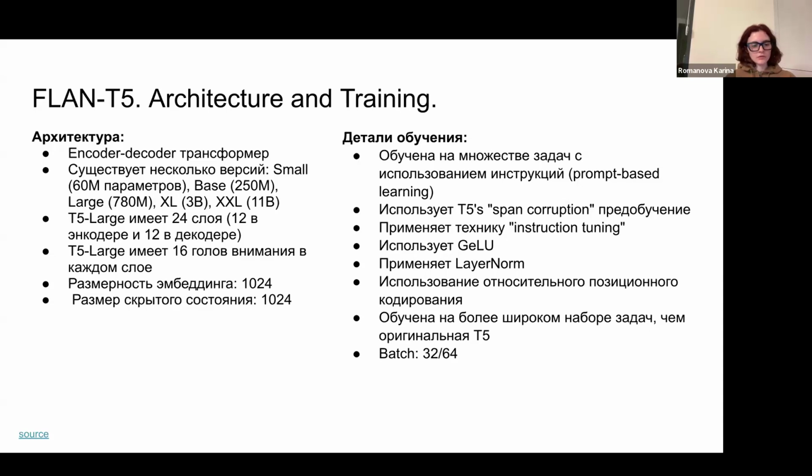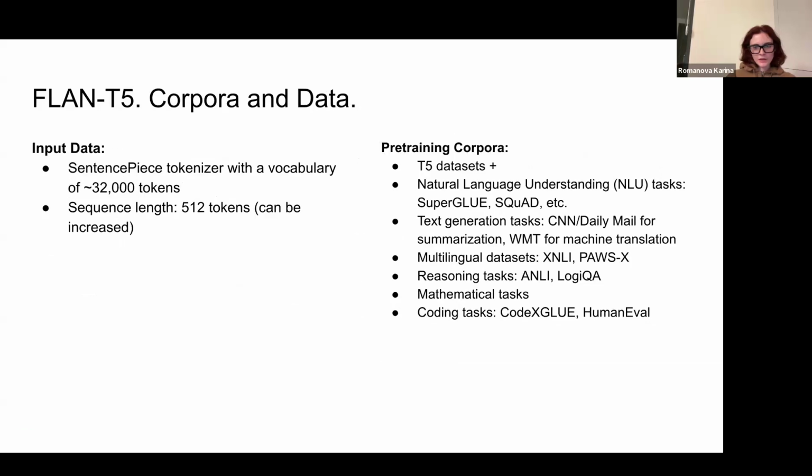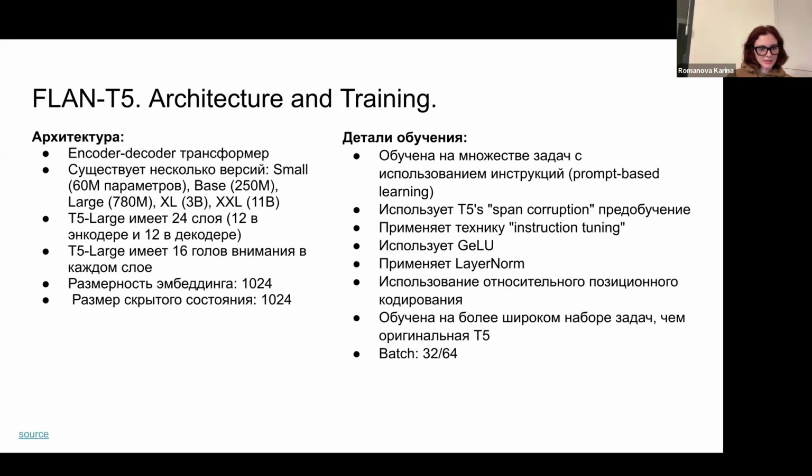Also, Flan-T5 is available in various sizes. The smallest version has 60 million parameters, and the XXL version has 11 billion parameters. This range allows users to balance model capacity and computational effectiveness based on their requirements.